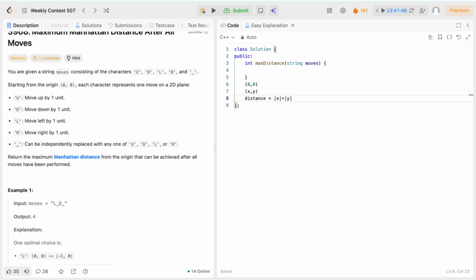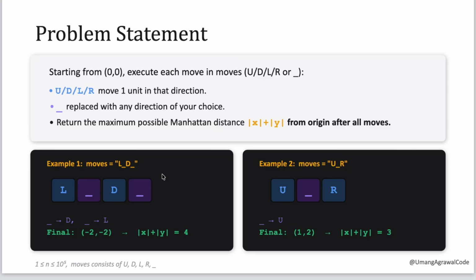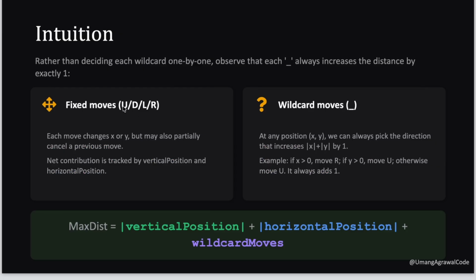Now initially what we are going to do, we are going to find the value according to U, D, L, R, and we just take the count of underscore. We are not going to fill the underscore yet. We have two types of moves: fixed moves and wildcard moves.